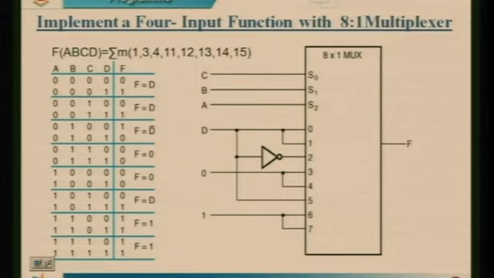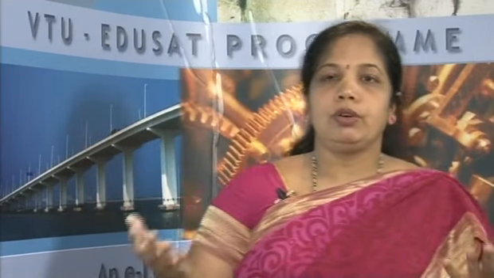So the next discussion over here is, suppose I don't have a 4:1 mux, I have got only a 2:1 mux. Then I want 4:1 mux operation using 2:1. How to do this? I think you are getting my point. Suppose I don't have, for example, a 4:1 mux IC.